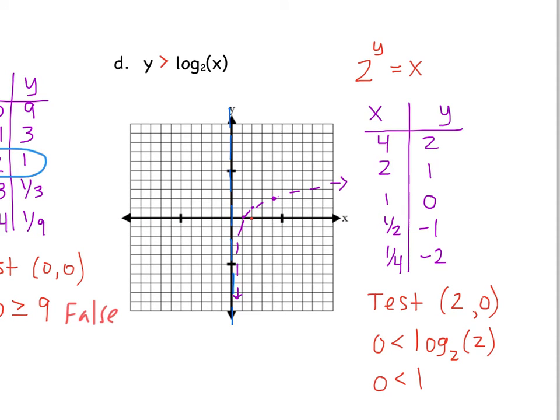Next, we're going to look at a log inequality. First thing I want you to do is change this to a greater than. Yours might say y is less than log base 2 of x. Change it to y is greater than log base 2 of x. Remember, when we're graphing log functions, the first thing we do is change it to exponential. So 2 to the y equals x.